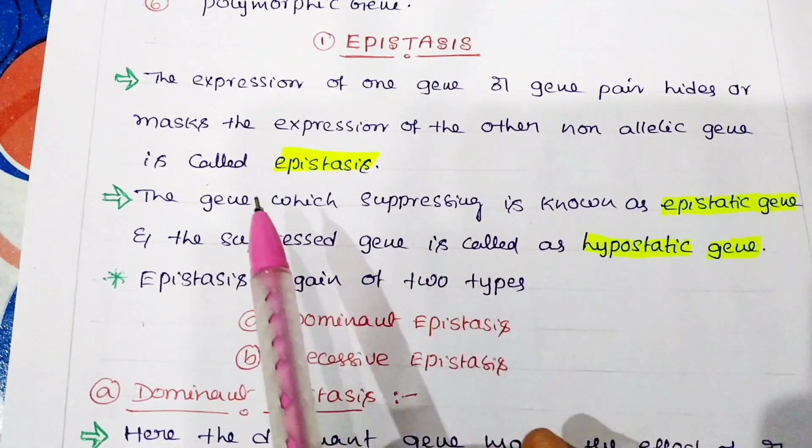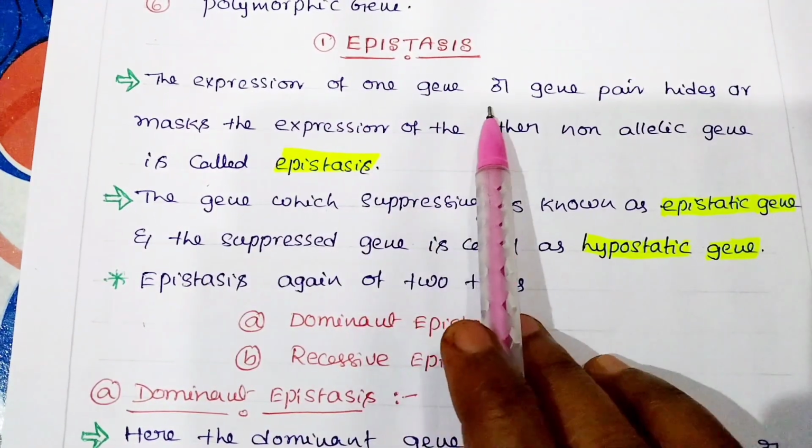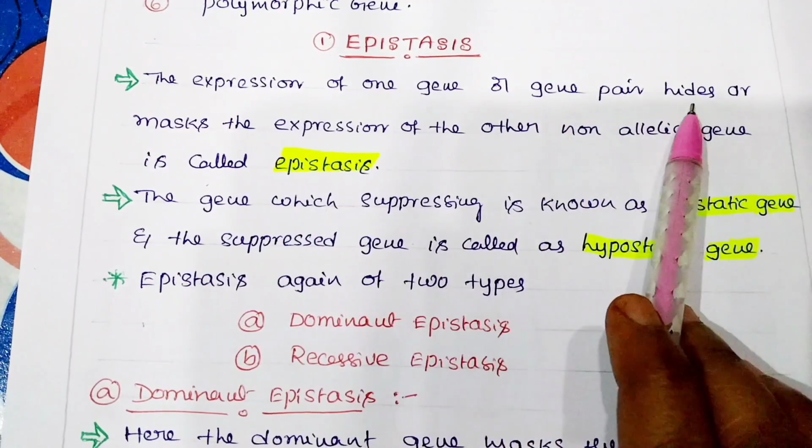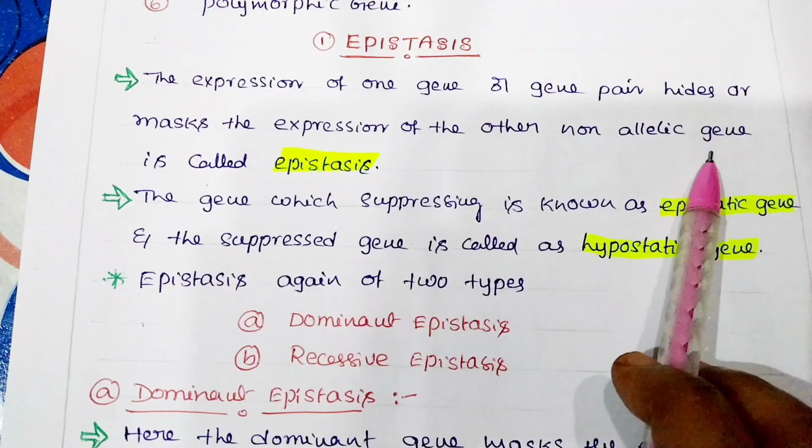Epistasis is the expression of one gene or gene pair hiding or masking the expression of the other non-allelic gene.